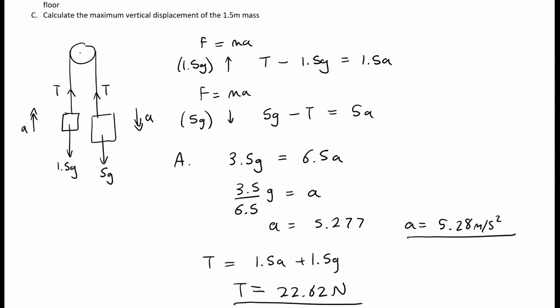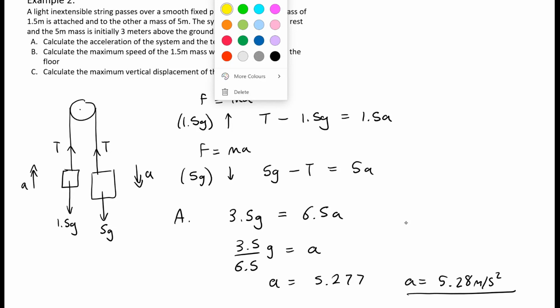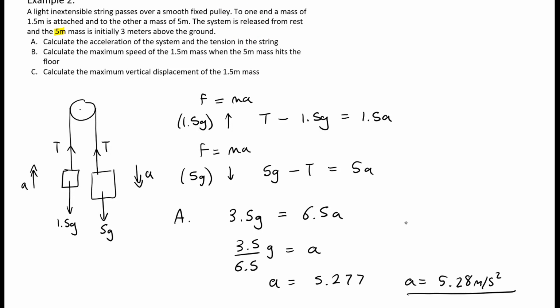In part B, calculate the maximum speed of the 1.5 m mass when the 5 m mass hits the floor. At this point we say the 5 m mass is initially 3 meters above the ground, meaning that it has 3 meters to fall through.